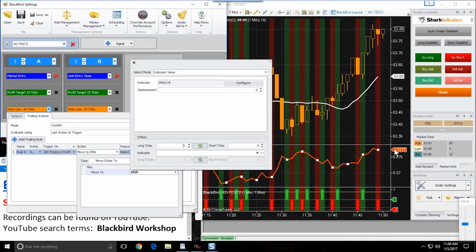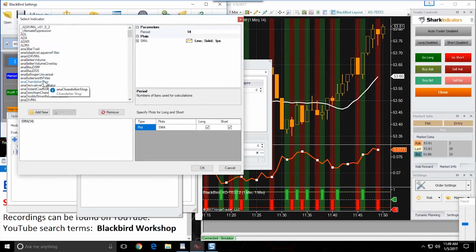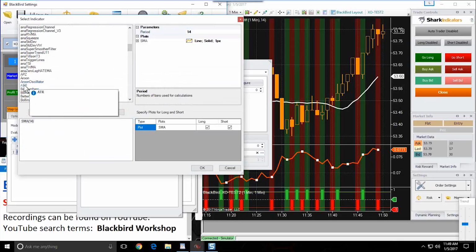So this 0.07 from the ATR actually refers to price. It's actually referring to a price evaluation. So I could set my offset to use the ATR. There we go. So let's set up the ATR, period of 14.